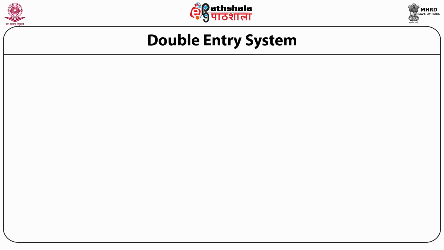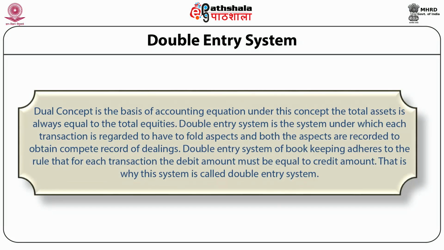Double entry system. Dual concept is the basis of accounting equation. Under this concept, the total assets are always equal to the total equities. Double entry system is a system under which each transaction is regarded to have two-fold aspects, and both the aspects are recorded to obtain a complete record of dealings.